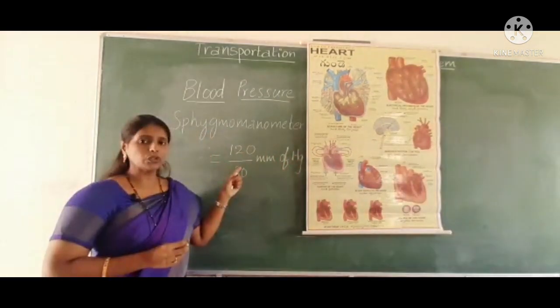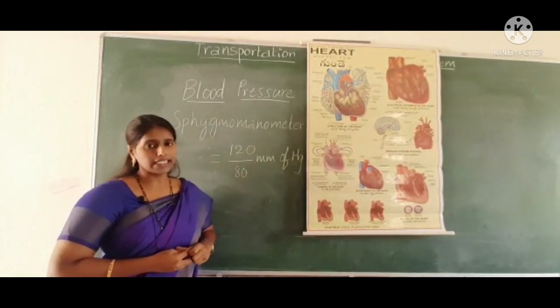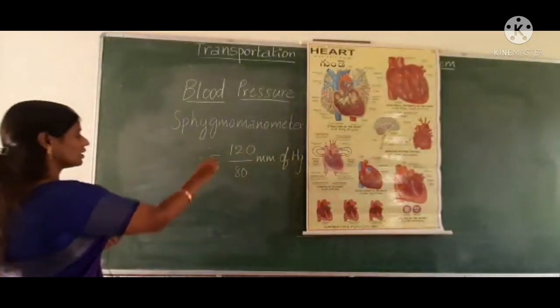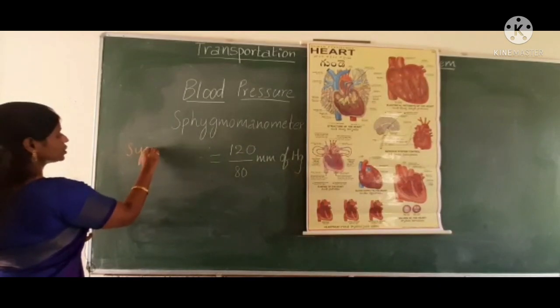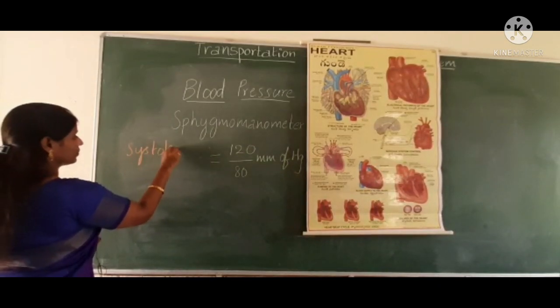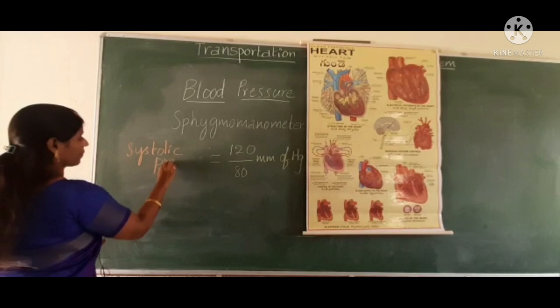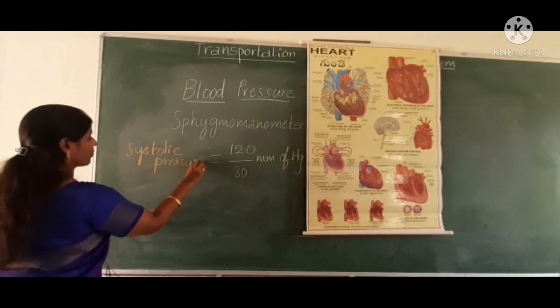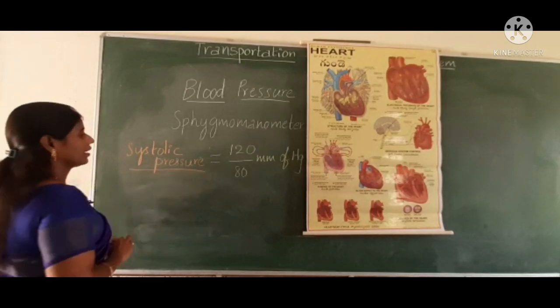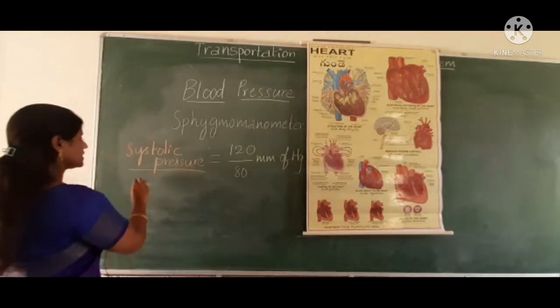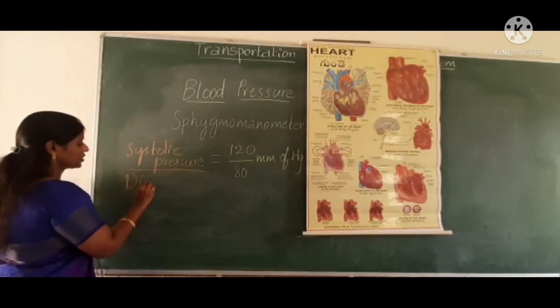What does this 120 over 80 indicate? 120 indicates the systolic pressure, and 80 indicates the diastolic pressure.